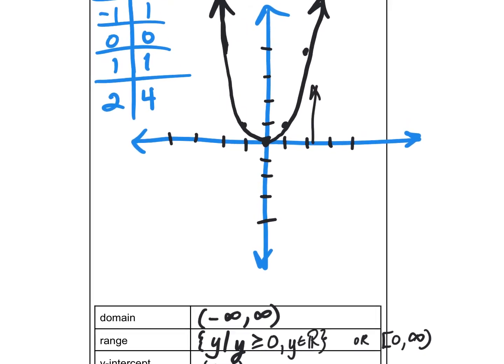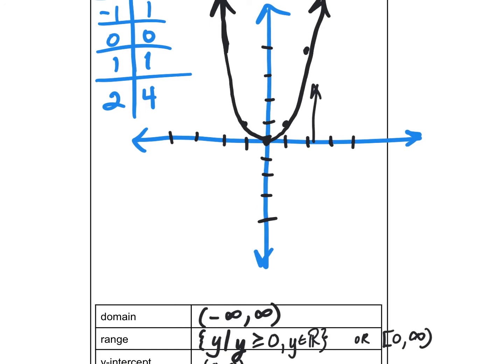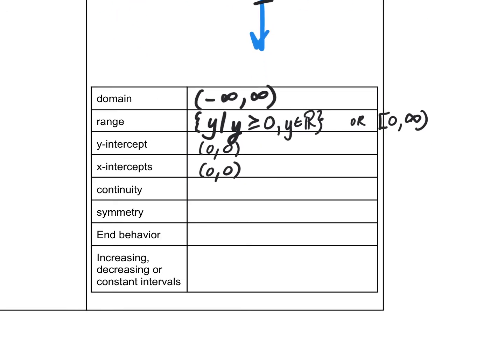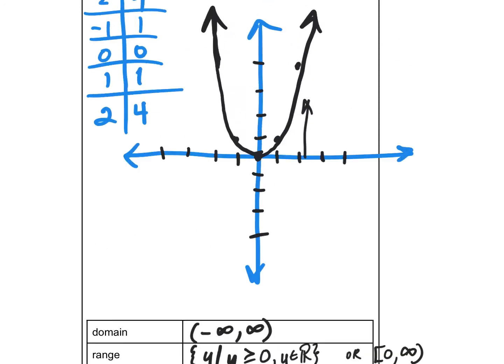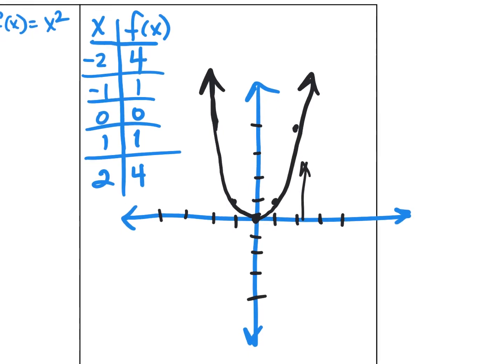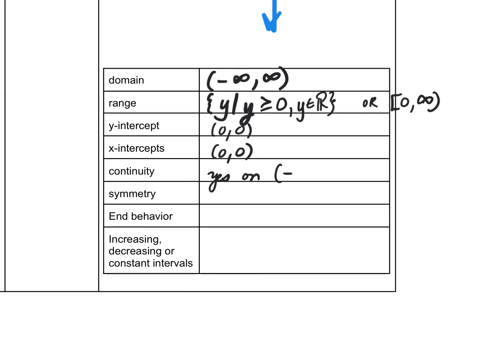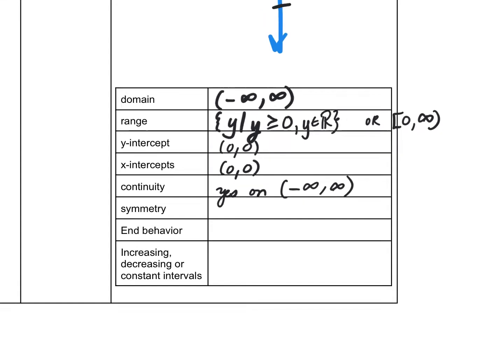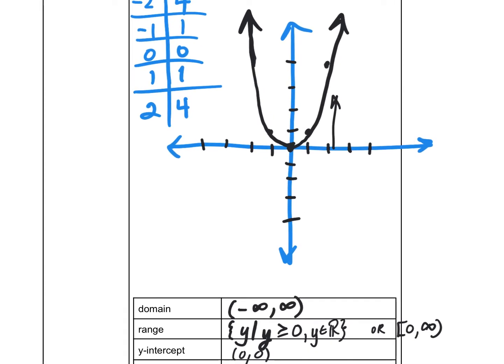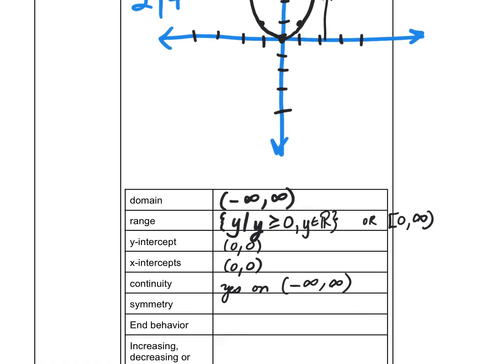Do I have to pick up my pencil at all once I put it down? So what interval is it continuous on? It just keeps going at both ends, doesn't it? So it's continuous from negative infinity to infinity. Symmetry. Ooh, what kind of symmetry? Y-axis.